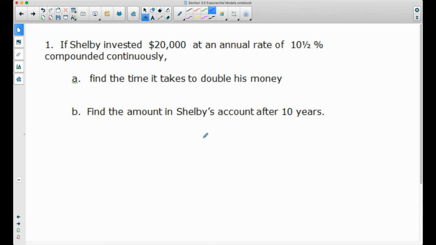Okay. So let's talk about this example for a second. They are giving me my initial, but they're also asking how long it takes to double my money. So if you think about it, if I start off with $20,000, how much is double that?